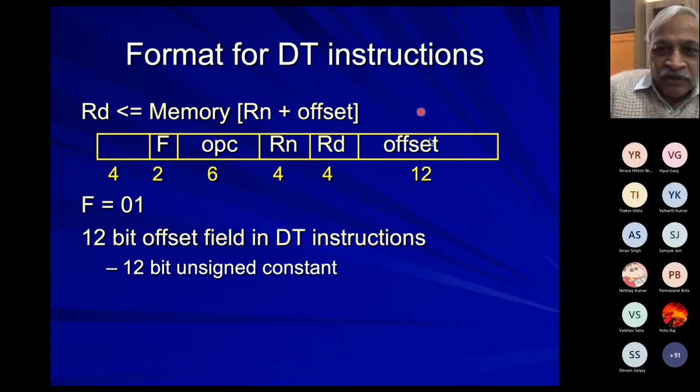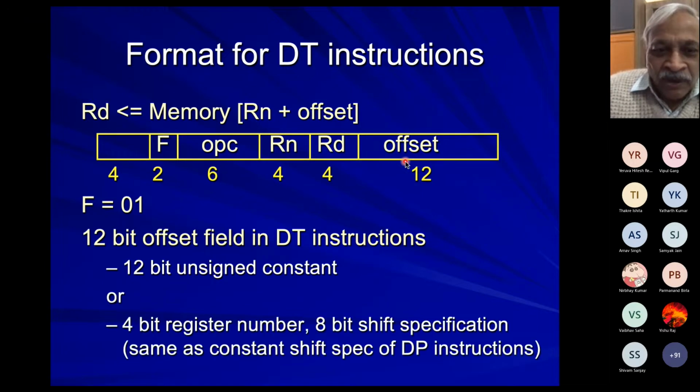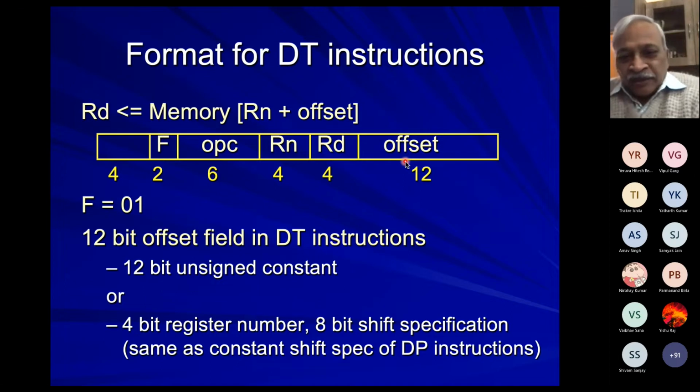So first let's look at this offset part. It can be a plain and simple 12-bit unsigned constant, or it could be a 4-bit register number and 8 bits of shift specification, which is the same as what you do for a DP instruction.